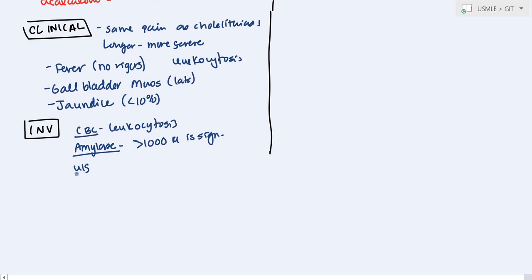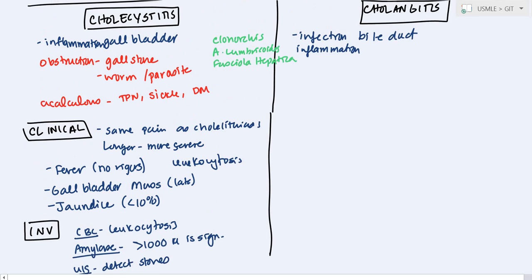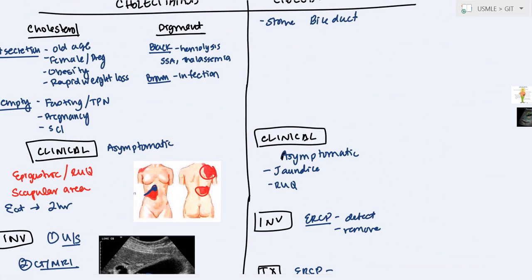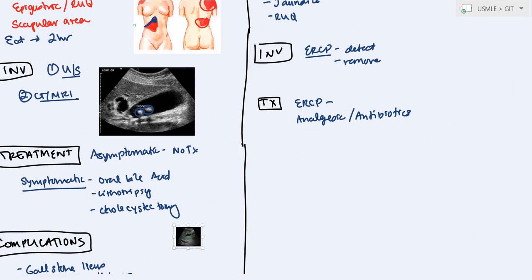You'd want to do ultrasound to actually detect the stones that may be there. But what's also in the ultrasound, let me show you, I got a picture here. Okay, here you go. Just carry this picture out here.